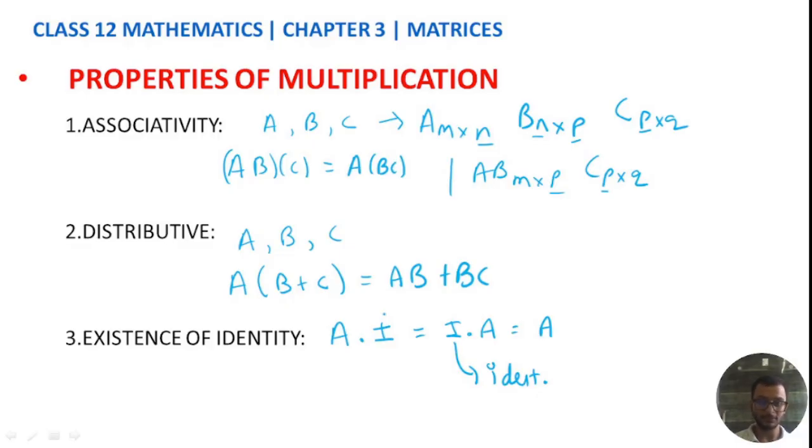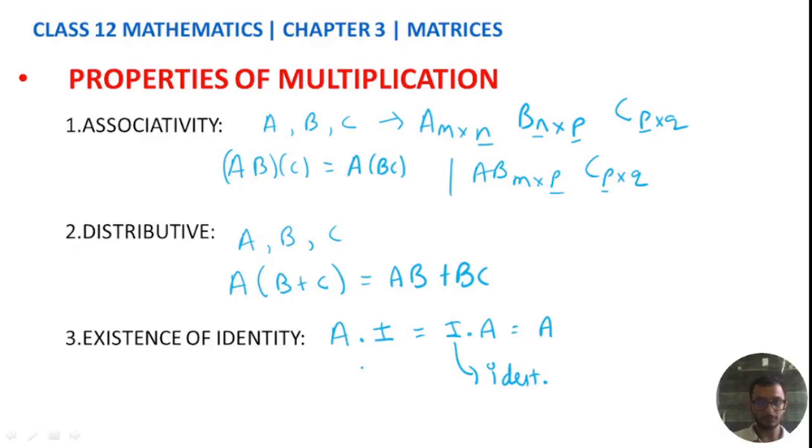That's why it is called the identity matrix. Now you will wonder why I haven't written about the inverse. You can't talk about the inverse of a matrix always. You will not have a matrix inverse always. You should have some extra condition, then only you will have the inverse of the matrix.